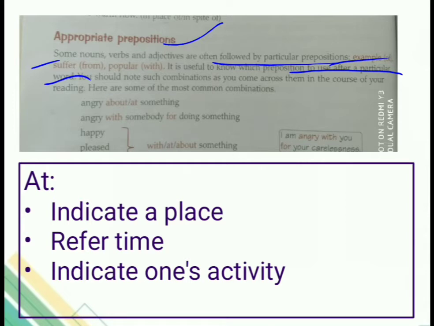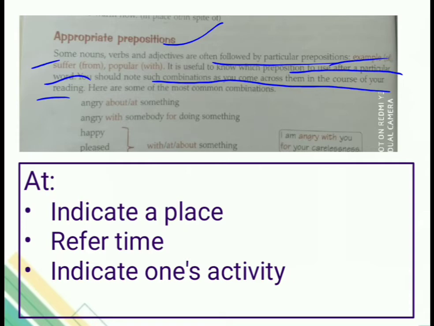You should note such combinations as you come across them in the course of your reading. Now, how will you learn that with this word only this preposition is going to come? That comes by the habit of reading. Is it understood? So that is appropriate preposition. In the same way, if you see in your textbook, there is no explanation given of any preposition.